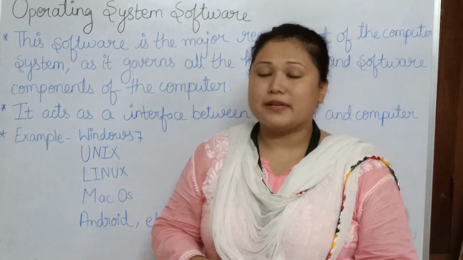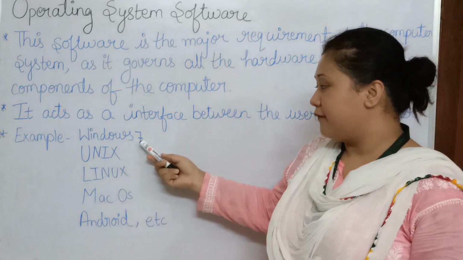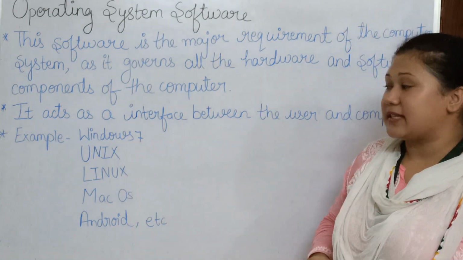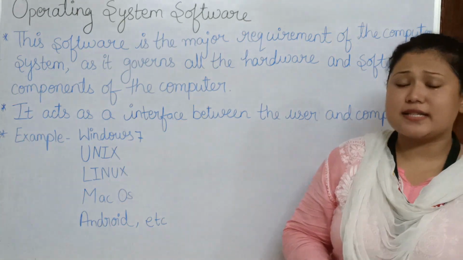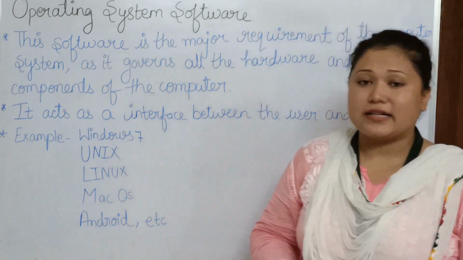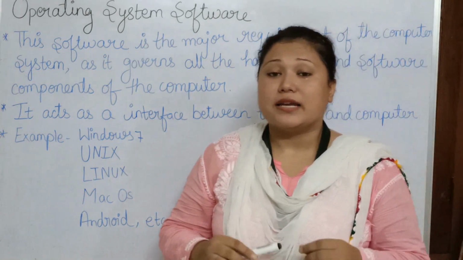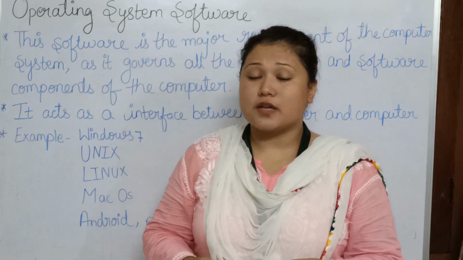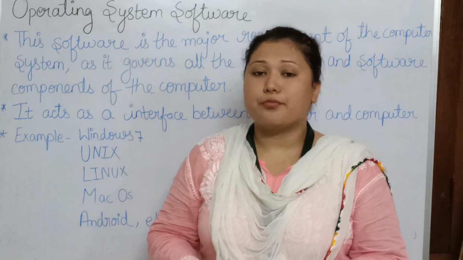Some examples of operating system software are Windows 7, all the versions of Windows, Unix, Linux, Mac OS, Android and so on. These are all necessary software required to operate our system properly.